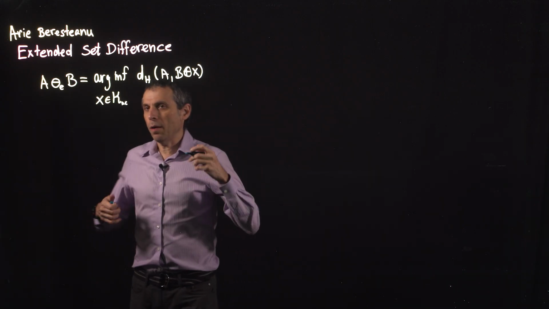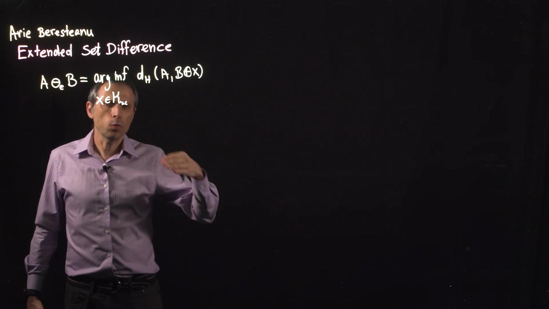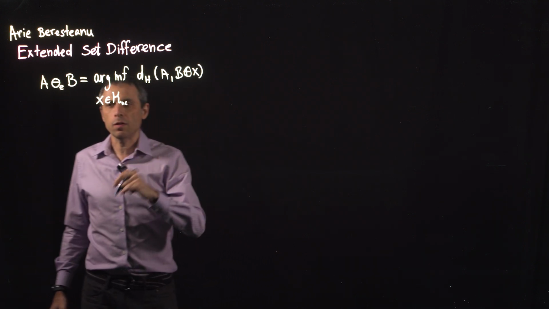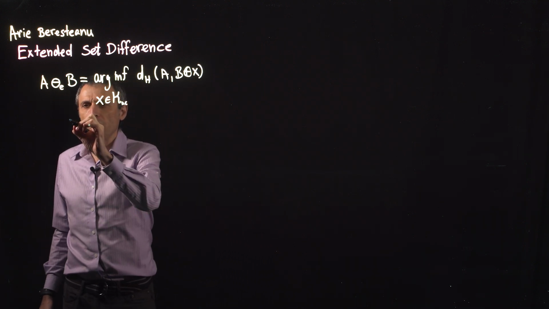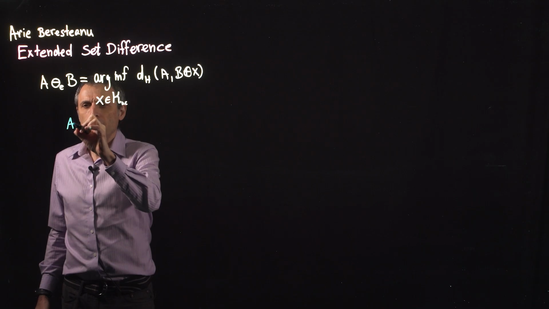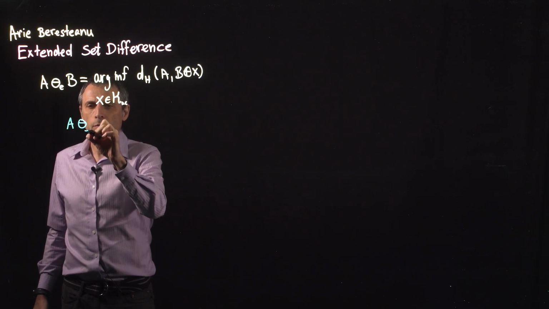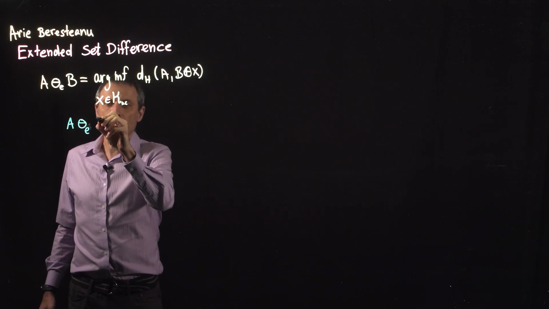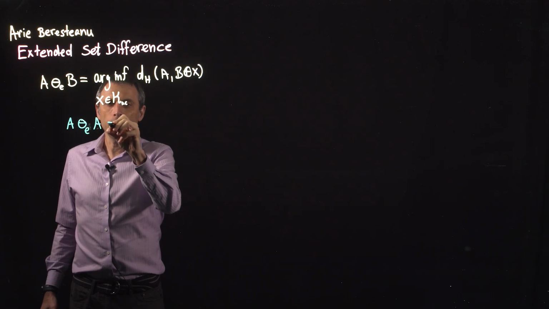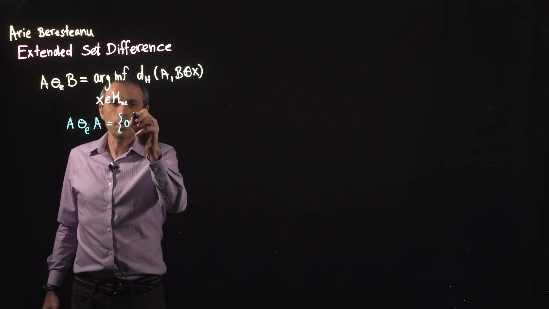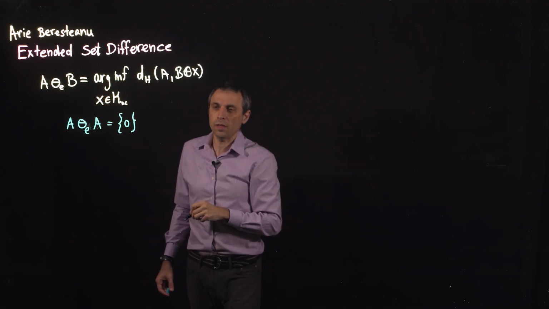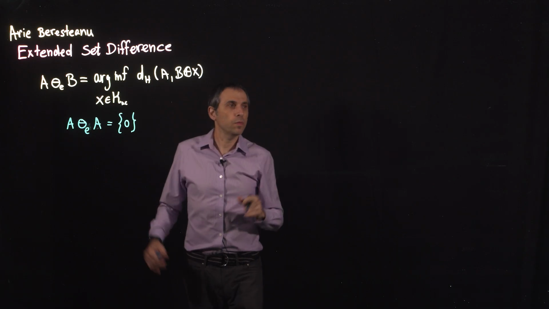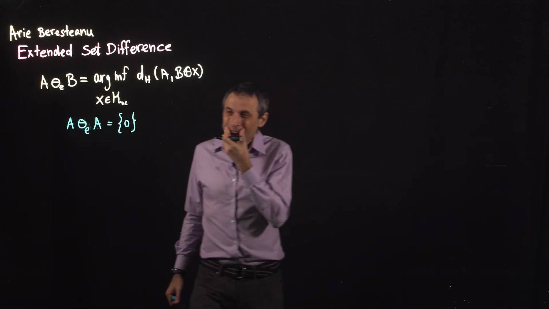So first property, let's look at some properties, and we list a few of them, but let's look at some examples. So first of all, what will be the extended difference between A and itself? And luckily, this is unique, and it's just a set. It includes the 0. So that's a good result.